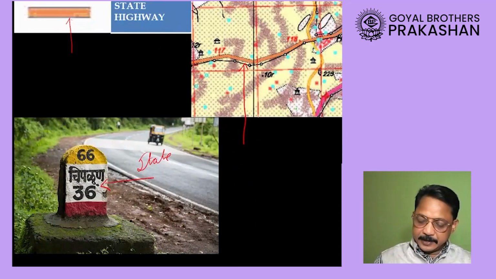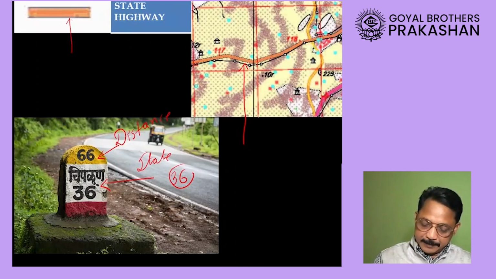It is written here in Hindi, Chipolun, and below that a number is written. So it means Chipolun is the name of a place which is 36 kilometers from here. So this stone is a distance stone.